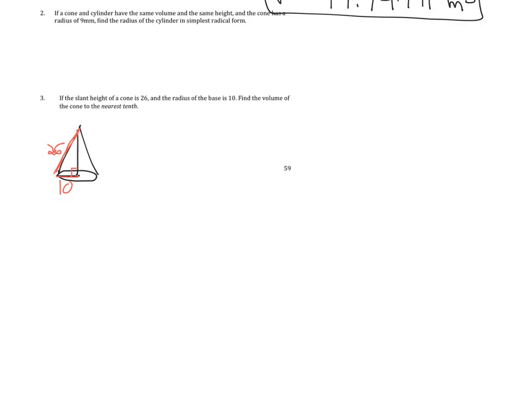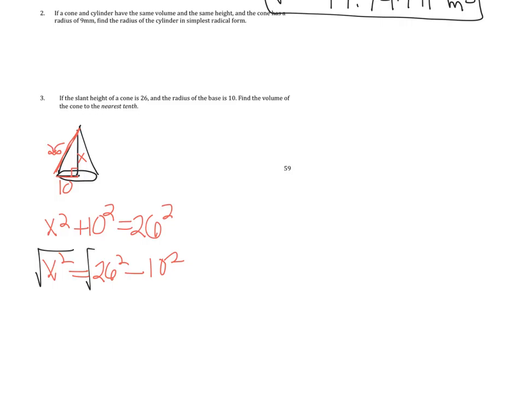I'm going to use a squared plus b squared equals c squared, the Pythagorean theorem, in order to find the length of the other leg. Now I can plug this all into the volume formula.